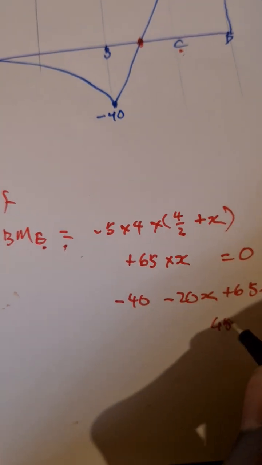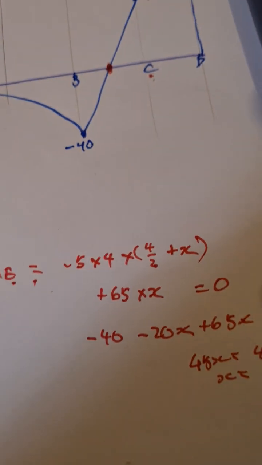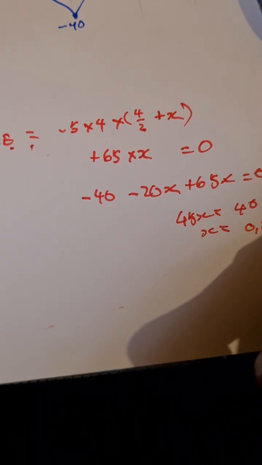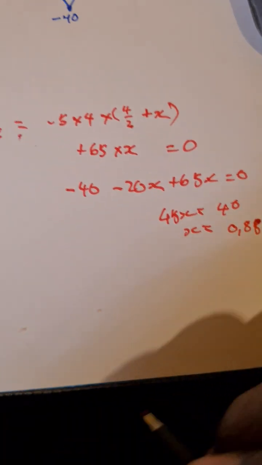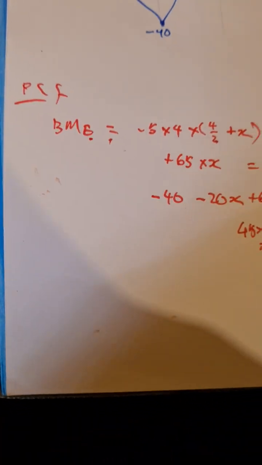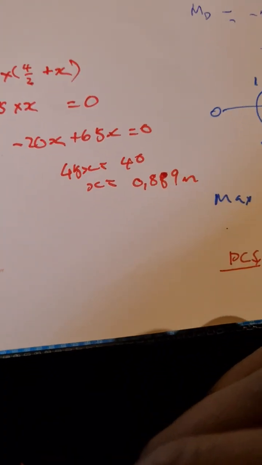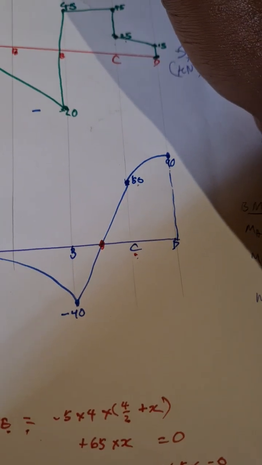Then we have 45x is equal to 40. Then x is equal to 40 divided by 45. 0.889 meters, right? So we have something like this. So now we know this x, it's 0.89 basically.